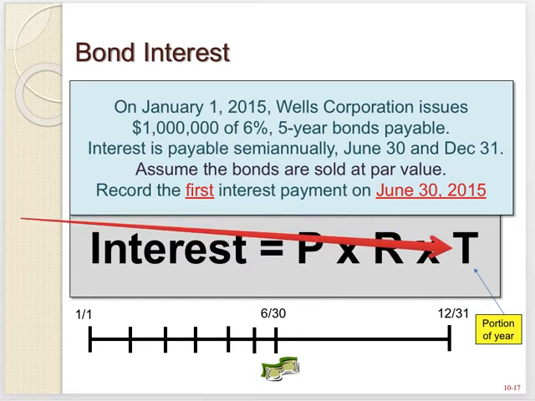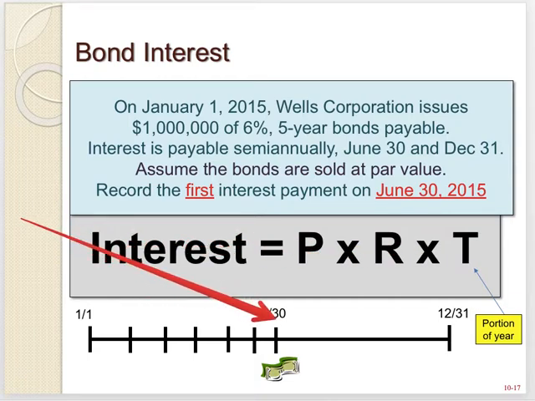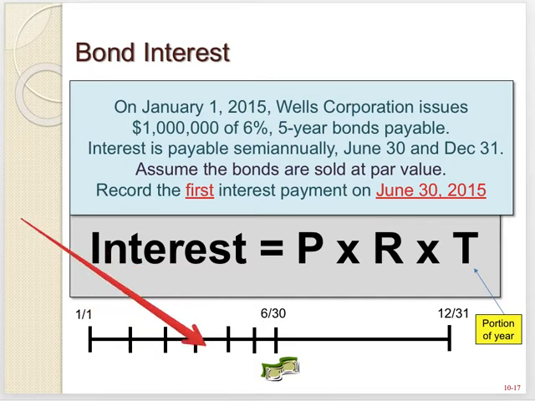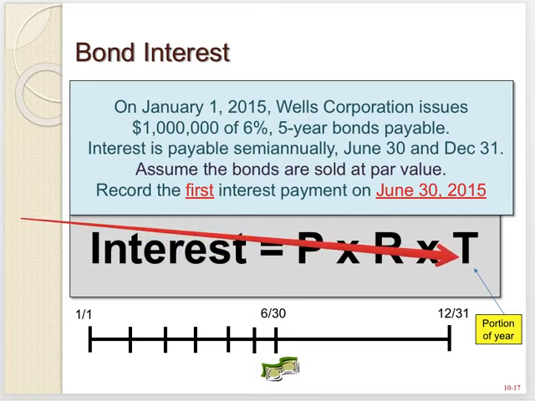Now, in this case, the portion of the year we're looking at is a 6-month period, right? Because we borrowed the money on January 1st, and now it's June 30th, and we have to make that first interest payment. Okay, so we're borrowing the money at this point in time. As of June 30th, we're borrowing the money for half a year. So our portion of the year is going to be 1/2.